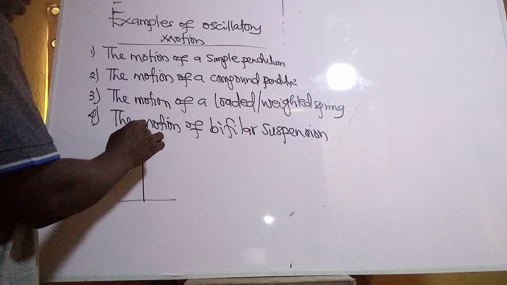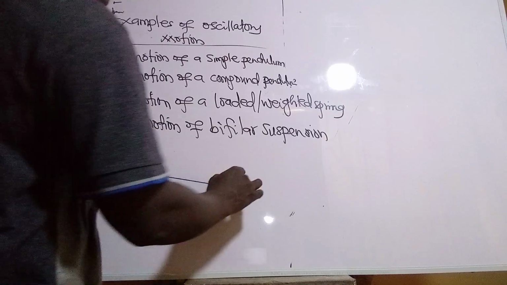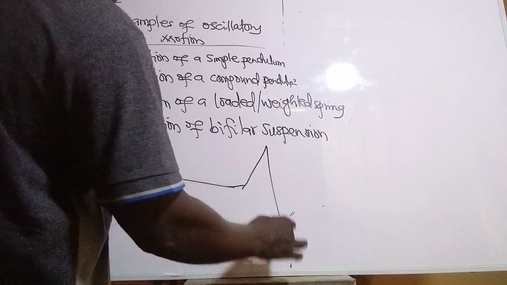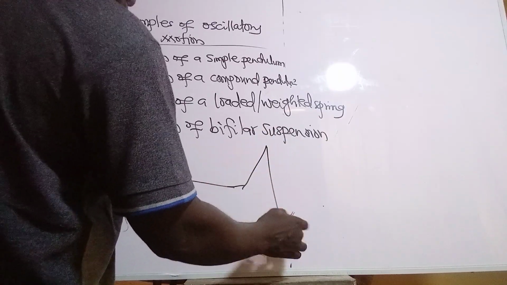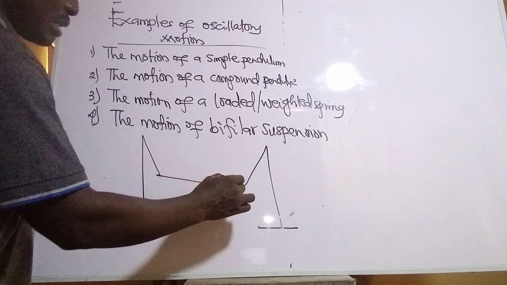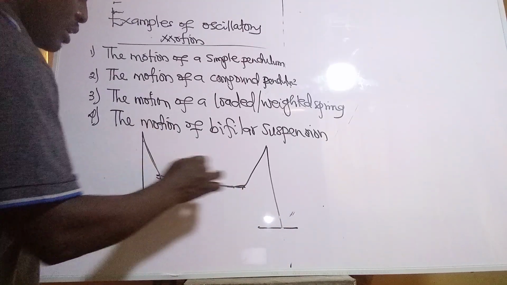a string. So let's assume these are the two rotor stands, rotor stand 1, rotor stand 2. Then this is a meter rule, a string.